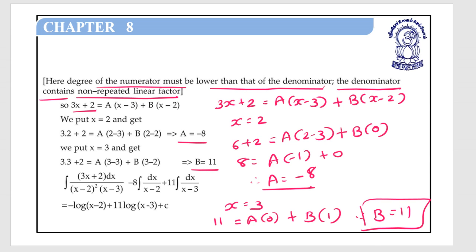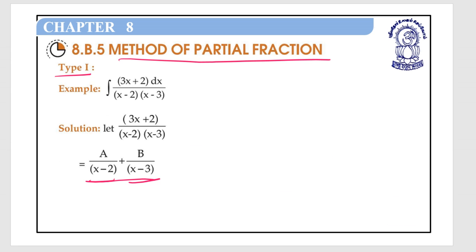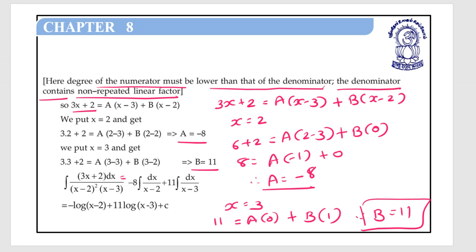Put these values into this equation. So minus 8 integration of dx upon x minus 2 plus 11, constant common, dx upon x minus 3. That was very simple. The integral of dx upon x minus a means log of x minus a.